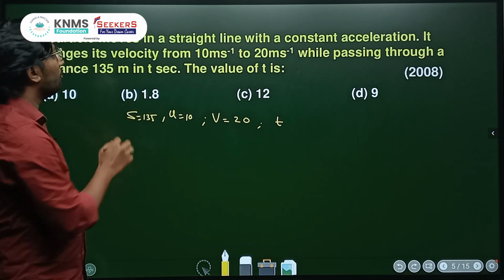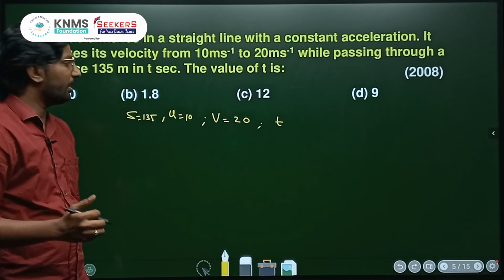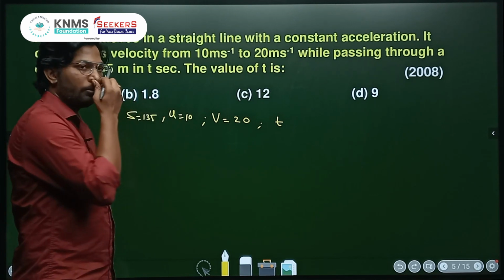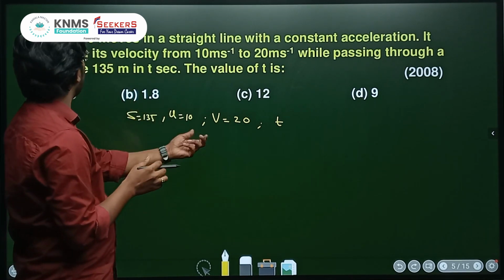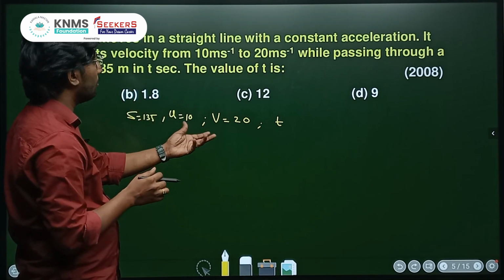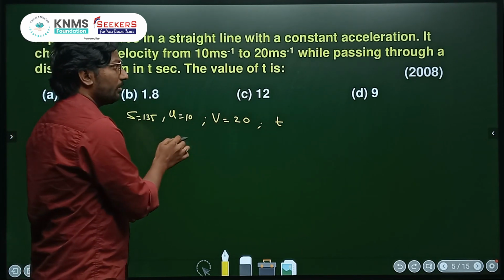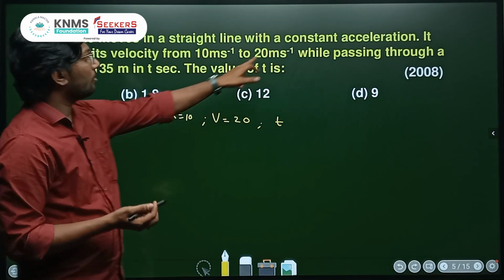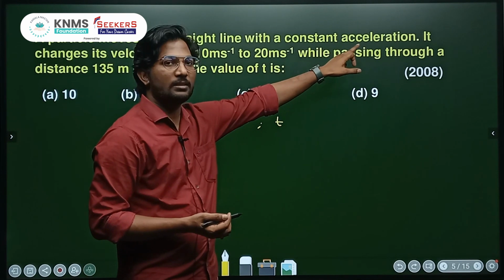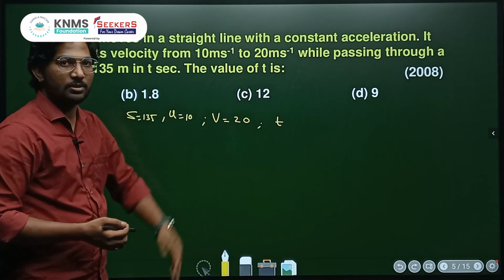Now it is a straight line motion, so distance and displacement both will be the same. If you are wondering whether the acceleration is constant or not, you can verify it from here. But otherwise, it is also mentioned over here, it is a constant acceleration. So again kinematic equations are involved.